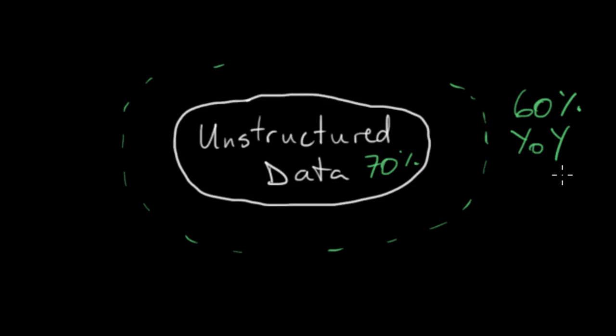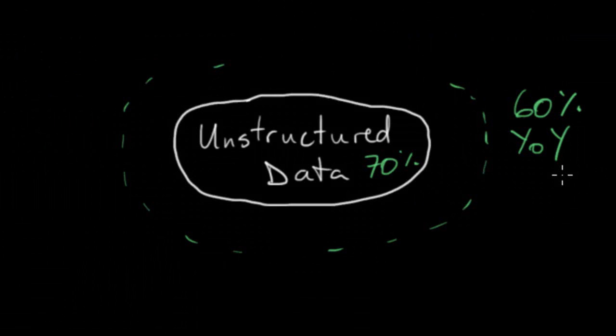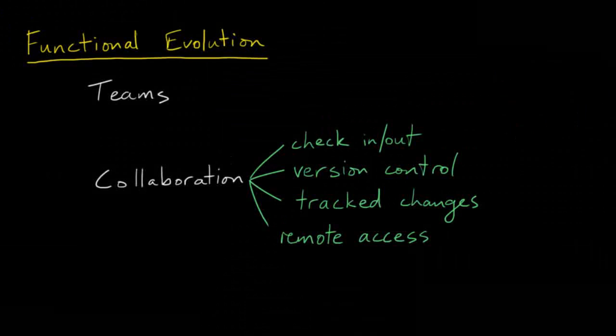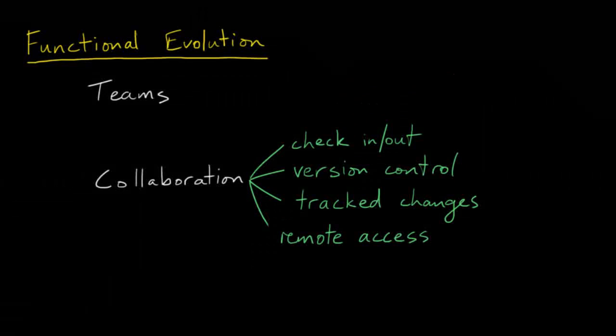Now, an additional aspect is to see how data is evolving. So what I mean by that is that we still run file servers and we have content on file servers and so forth, but these days we require better functionality. So these days we work in teams of 10, 20, 30 people or more, and we may all be working on the same project. And if we're doing that, we may be working on the same proposal. So now we need the ability to collaborate on that particular, either one document or multiple documents.